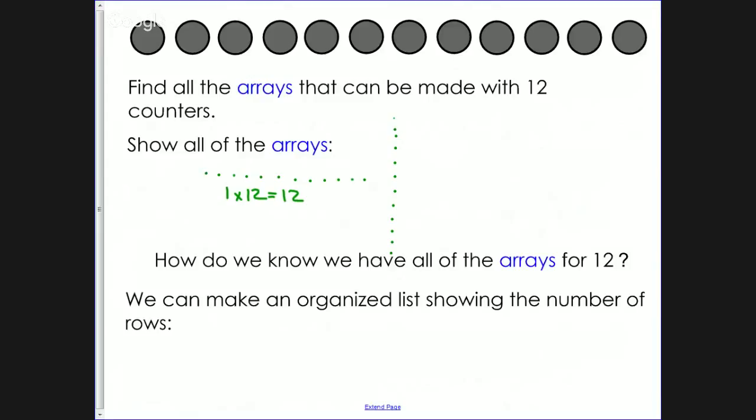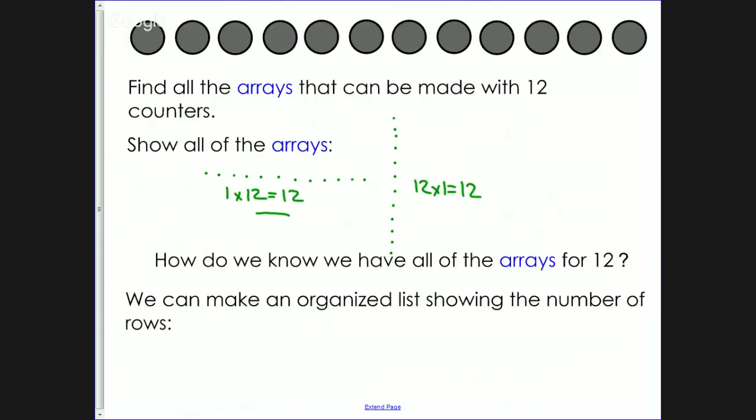Go the other direction. So now we have 12 rows with 1 in each one. So that would be 12 times 1, sort of the reverse of this multiplication statement.